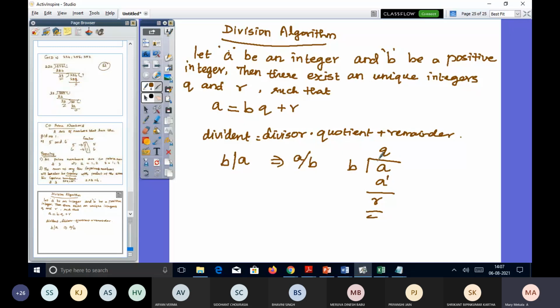And here we have a rule for r: r should be greater than or equal to 0, and it should be less than the divisor. This is the rule it has to follow, so you can apply it and see.